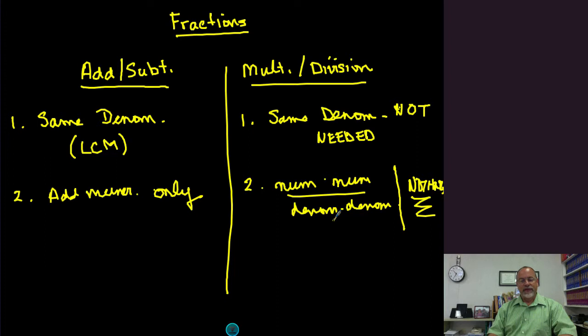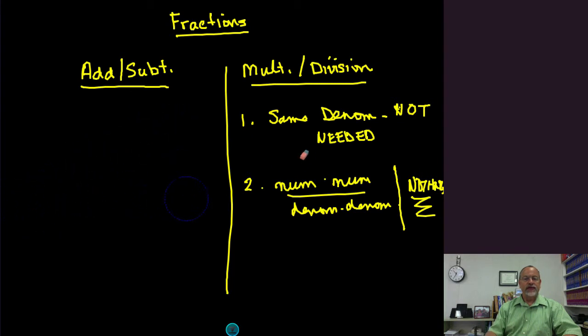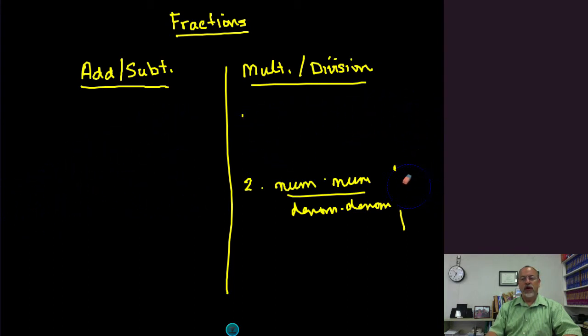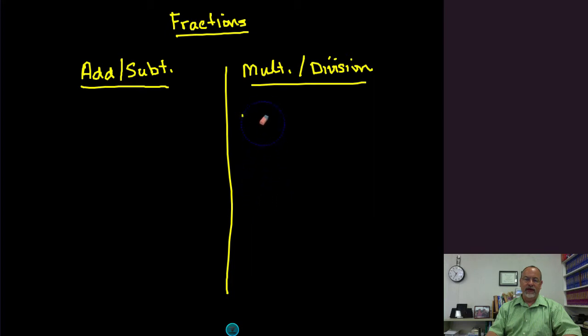Now there's one other thing that I do want to discuss when it comes to fractions, and let me erase this real quickly. It has to do with something that you've probably called canceling. Now I don't like the word cancel because it gives the idea that something is being canceled out or removed.